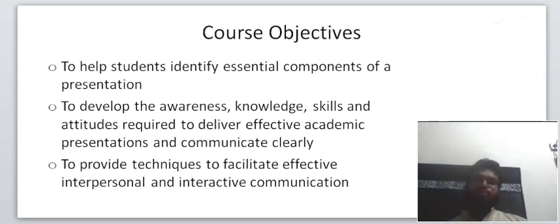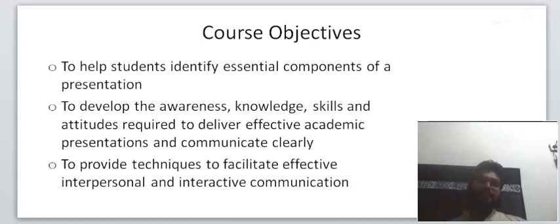So in this course, I'll be talking in detail about presentation and different aspects related to it. So you will be able to understand what a presentation is and what you need to do in order to make your presentation very attractive and interactive for your listeners.